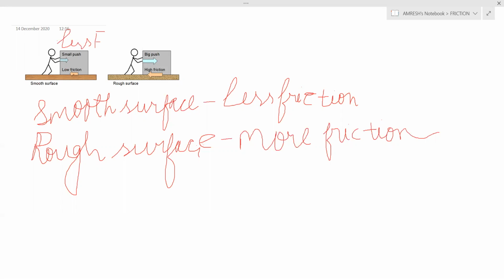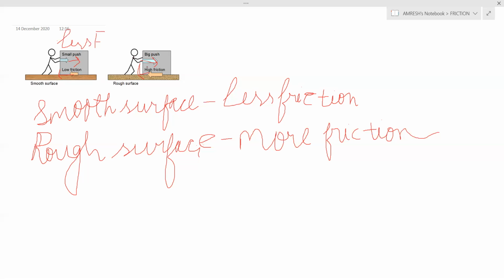Because the stopping force is less. This means the body is easily movable on a smooth surface. But on the rough surface, as the friction is high, the applied force is also high. So this man has to apply more force on this body.